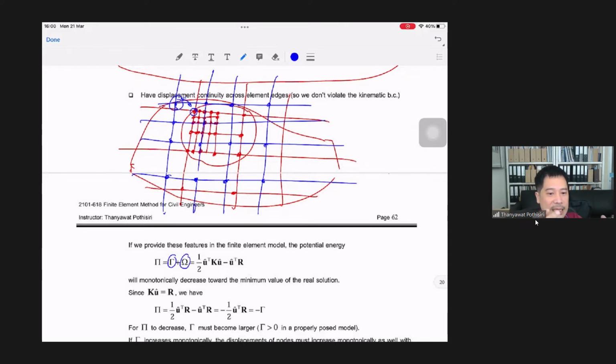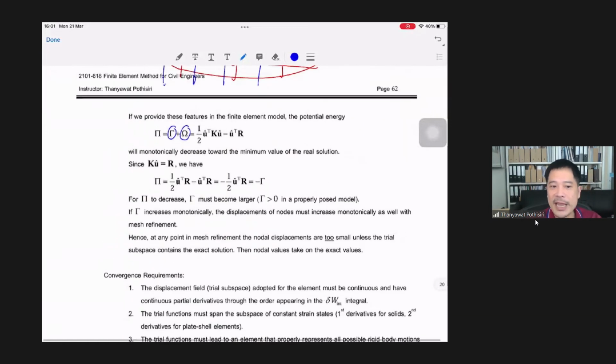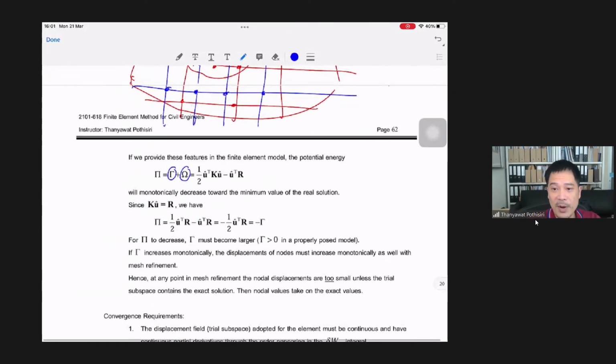In this case, if you look at the virtual work equation, you apply virtual displacement or virtual strains onto your body. So the virtual strain energy comes from this virtual strain and the stress within the body. This is the first term right here. So this is the virtual strain energy.